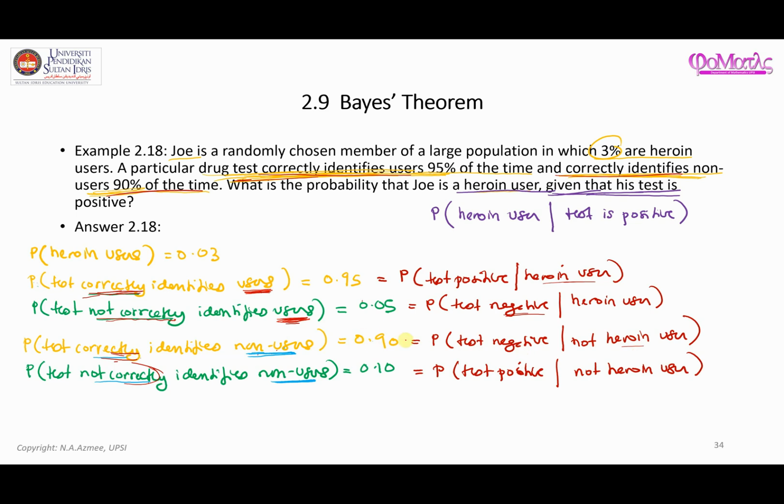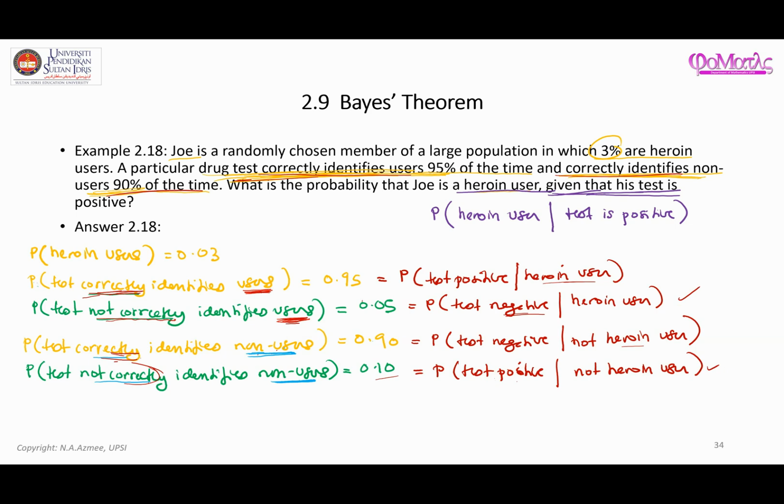You can see this is a high probability of getting the correct identification. But there's also a small probability that the test might say the person is positive when he actually is not a heroin user. This is the mistake that could happen when you do drug testing. So this is a probability of making a mistake. This is also a probability of making a mistake.